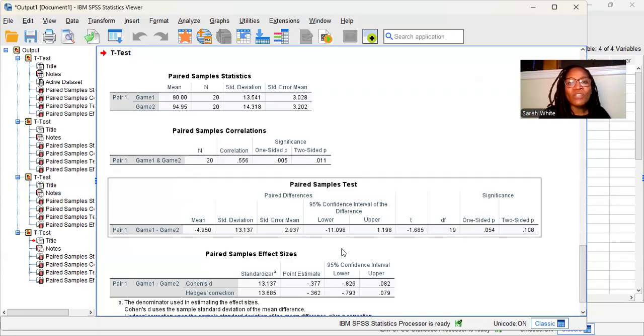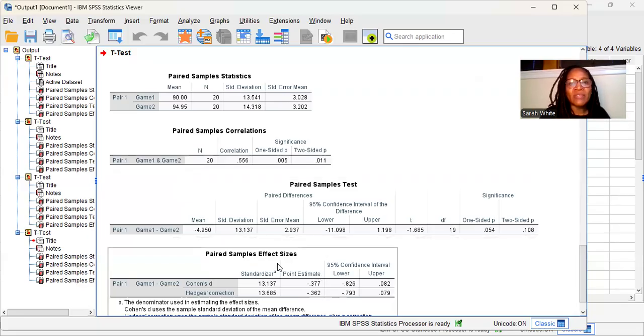I also want to mention, as we go down a little further to paired samples effect sizes, when running this paired samples t-test, we do get a Cohen's d score that states the significance of the impact, or the effect size.